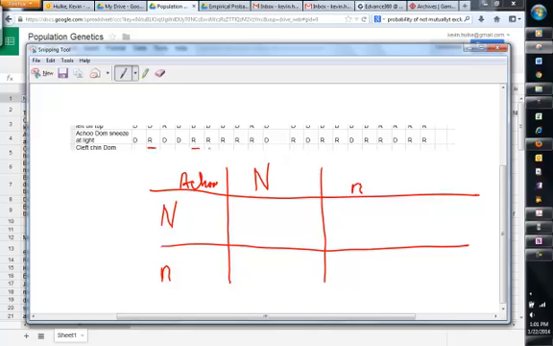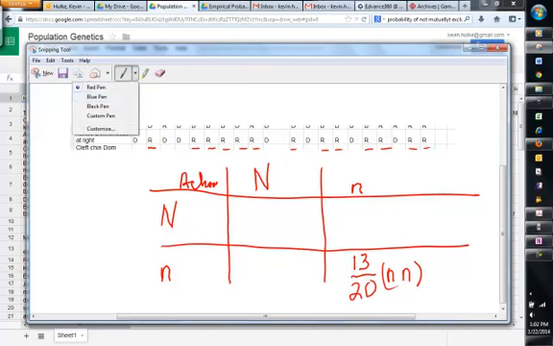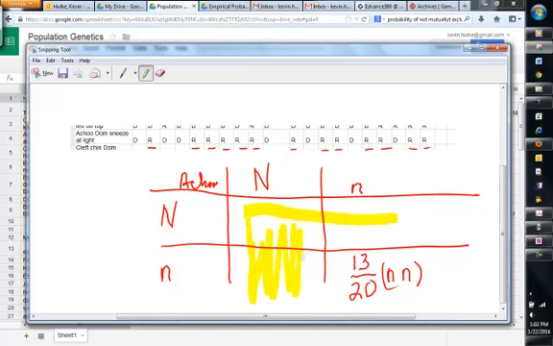1, 2, 3, 4, 5, 6, 7, 8, 9, 10, 11, 12, 13. There were 13 out of 20 recessive, nn. That means the other three sections, I'm going to use the highlighter, added up to 7 out of 20. So how do we figure that out?